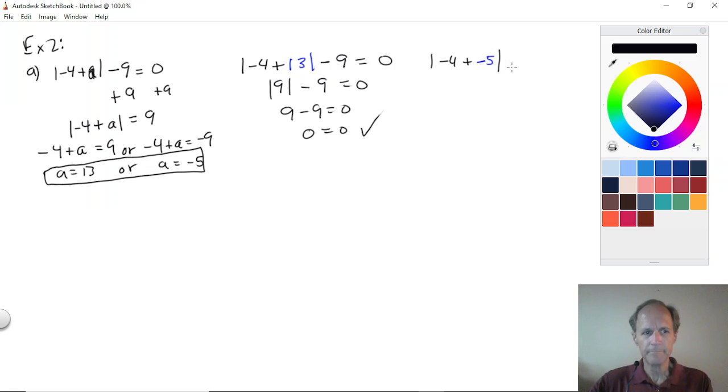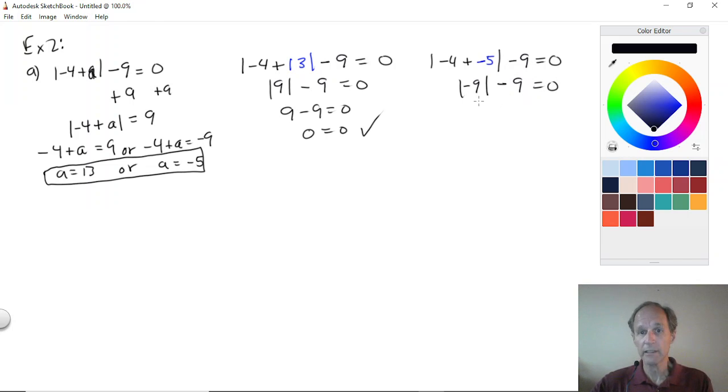And then subtract 9 from that, because that's the way our original equation was. And we'll see if this works. So negative 4 plus negative 5 is negative 9. That's inside the absolute value. And we're saying we subtract 9 from that and we get 0.